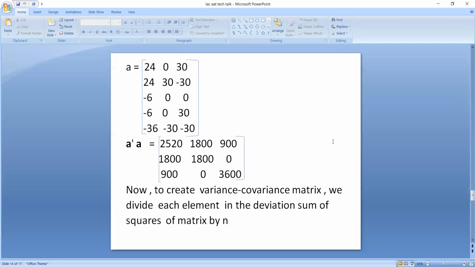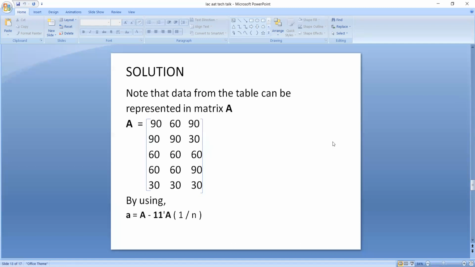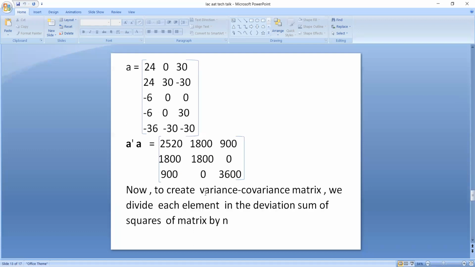Small a is equal to 24, 0, 30, 24, 30 minus 30. By substituting the matrix A in this formula, we can obtain the matrix form of small a, which is displayed here.